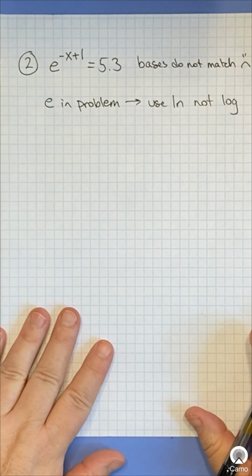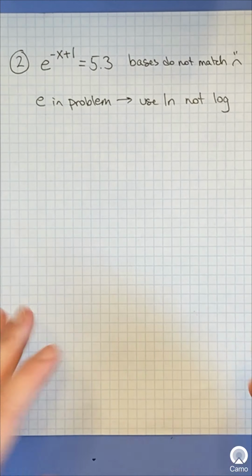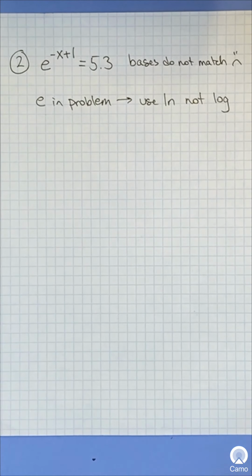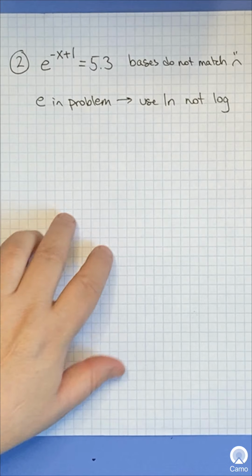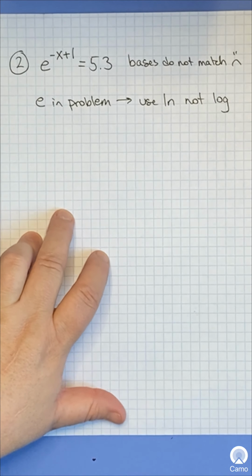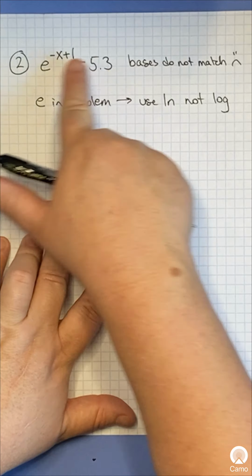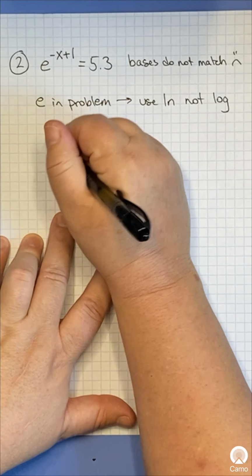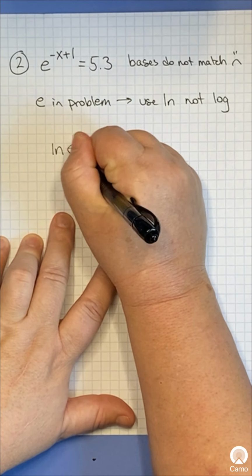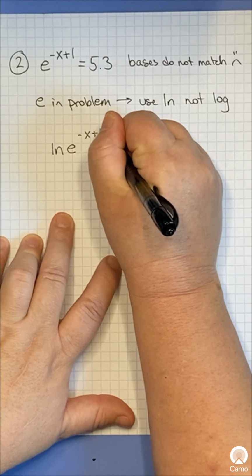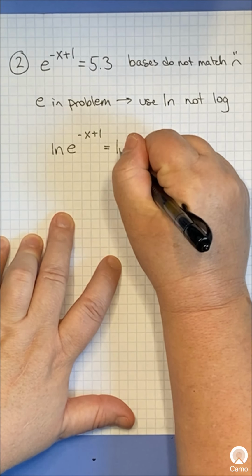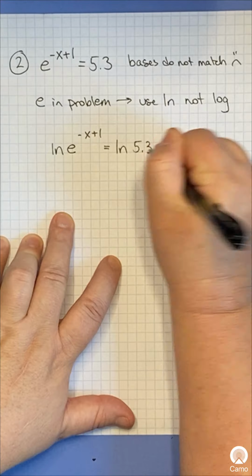Now, in the previous problem, we didn't have an e, so we could choose natural log or log. It's up to you. But this one, we really want to use natural log. So let's go ahead and try it. So remember, if the two sides of the equation are equal, then natural log of e to the opposite of x plus 1 equals natural log of 5.3, right?